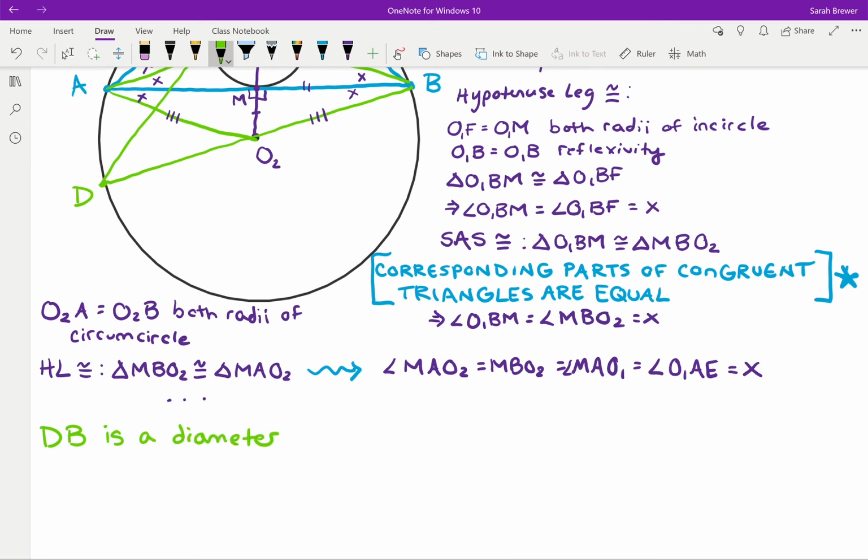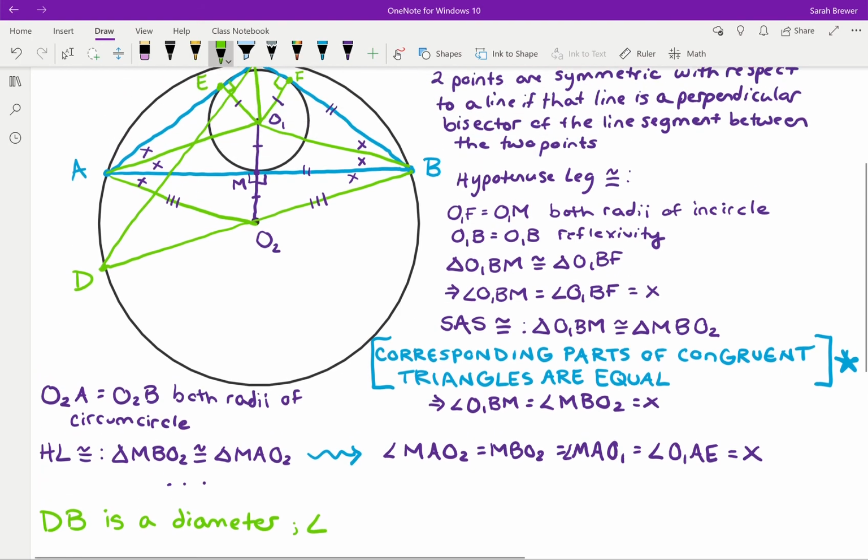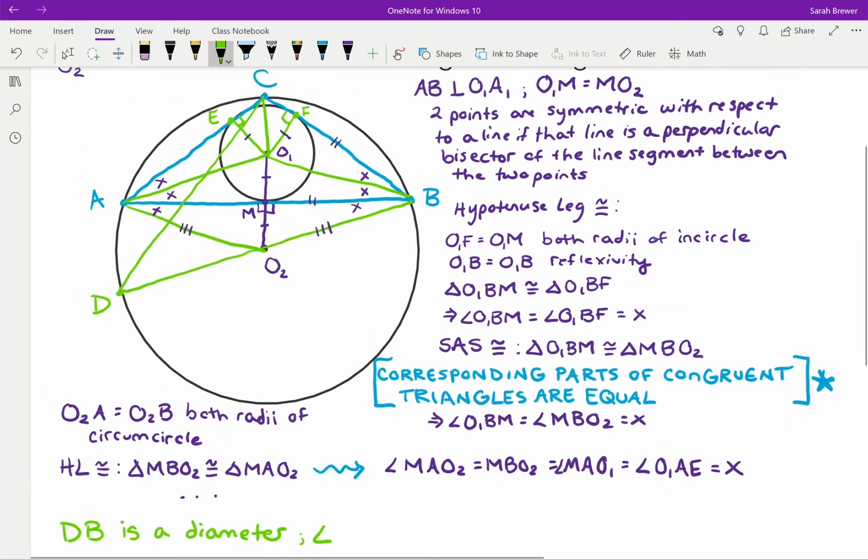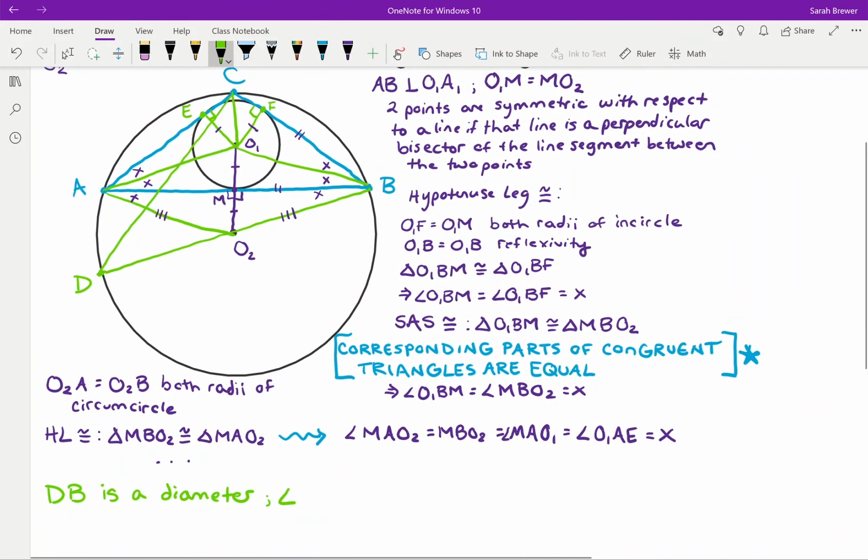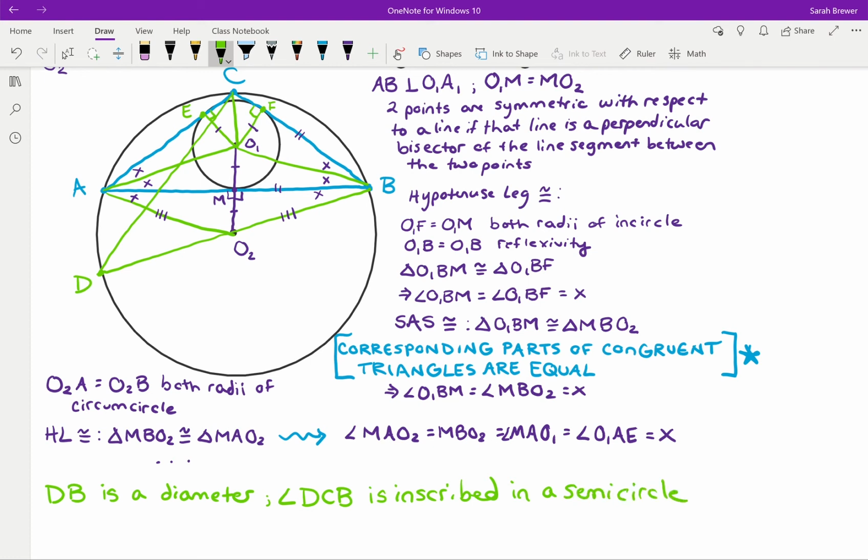And so therefore angle DCB is inscribed in a semicircle. And so therefore angle DCB is a right angle, right? So that's a right angle.